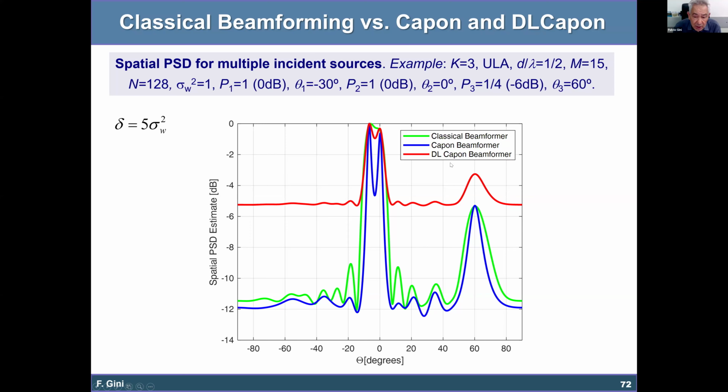If you use diagonal loading, in this case, where there is no pointing direction error and the sample size is reasonably large, it works well, but obviously not as well as Capon. So it's obvious that when you introduce the loading, you sacrifice estimation accuracy, because you want to introduce more robustness.